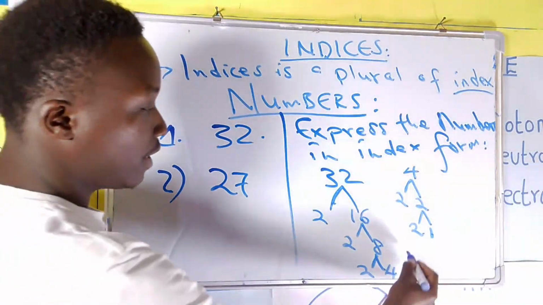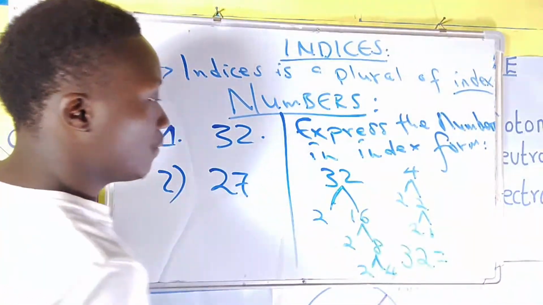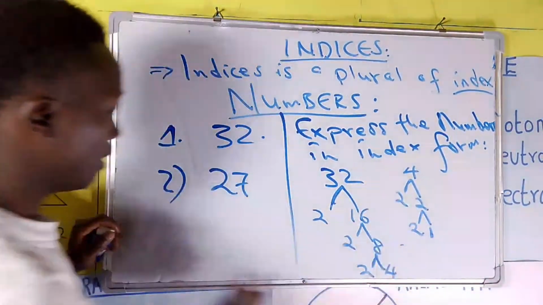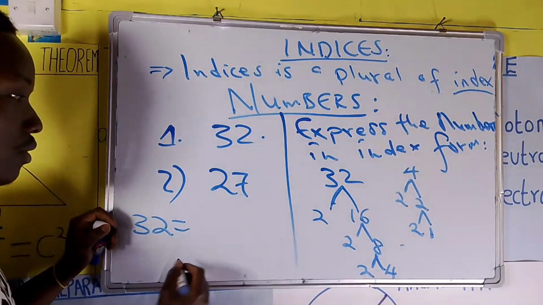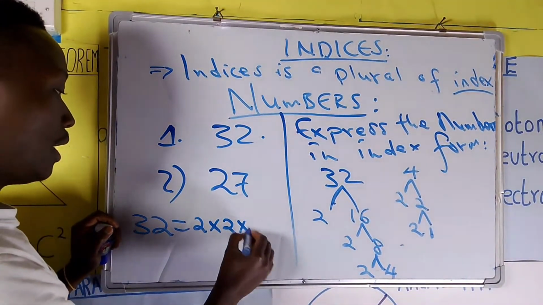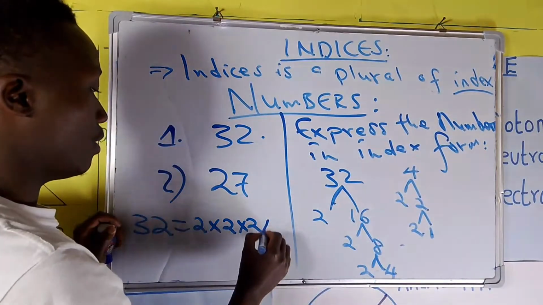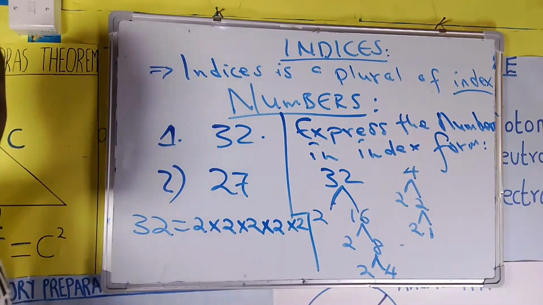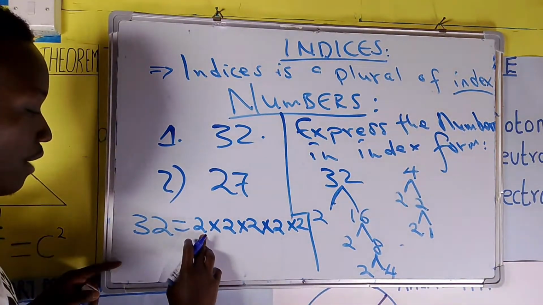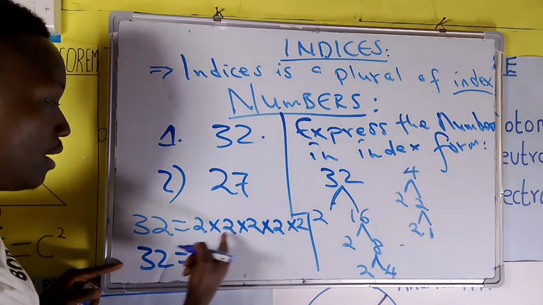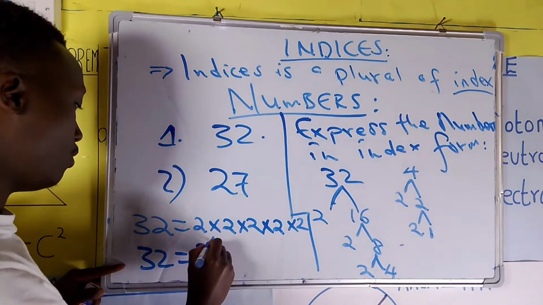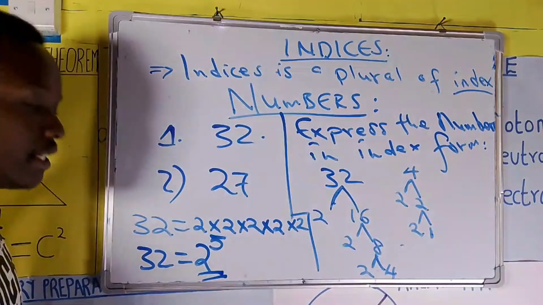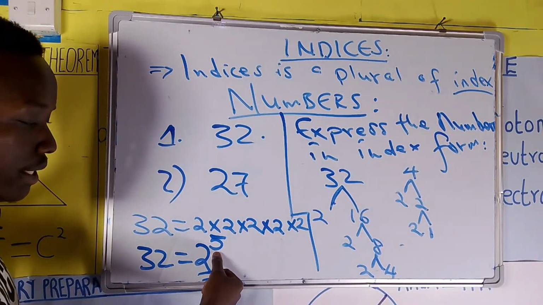So we will end up having 32 is equal to 2 times 2 times 2 times 2 times 2. How many 2s do we have here? We have five 2s. 1, 2, 3, 4, 5. So we can write it as 2 to power 5. So 2 to power 5 is the number written in index form.